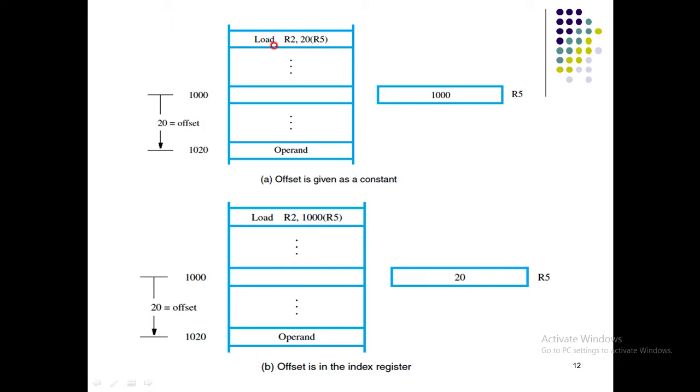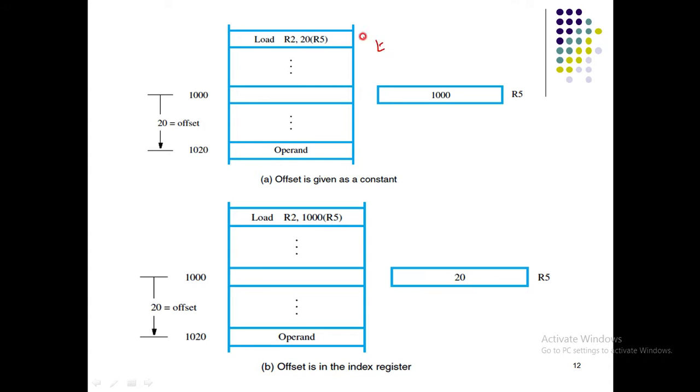So moving ahead, when we try to plot upon whatever we are speaking now, you can observe here, friends, load is one of the commands, like how we have move or copy. Similar to that, we have a load command. Load R2 comma 20(R5). What it means is that R2 will be loaded with 20(R5). So what is the 20(R5)?